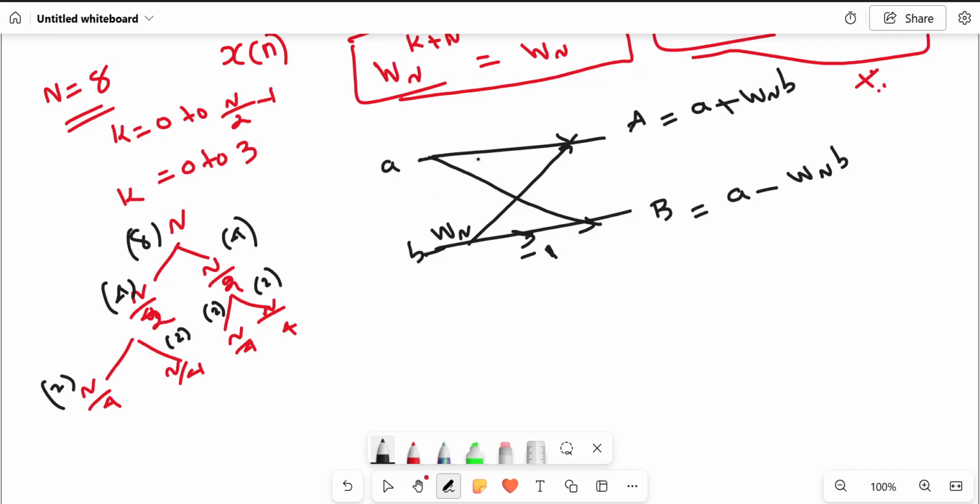So the number of storage registers required is N storage registers for N-point. The butterfly operation on two complex numbers A, B will produce the complex numbers A, B, and the result will be stored in the same locations.